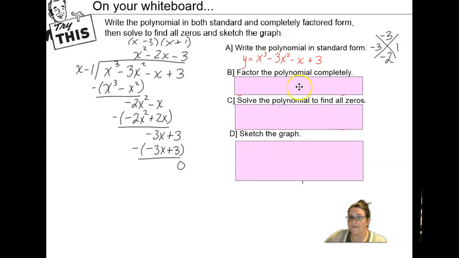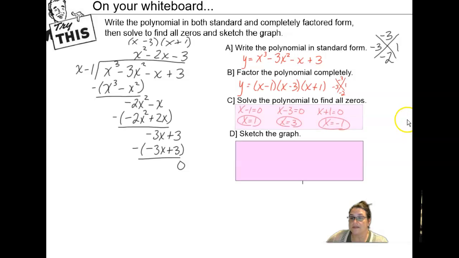So the completely factored form is x minus 1 times the quantity x minus 3 times the quantity x plus 1. Okay, then to solve the polynomial to find all zeros, I set each of those factors one at a time equal to 0 and solve for x. So x equals 1, x equals 3, x equals -1. These are all crosses on the graph.